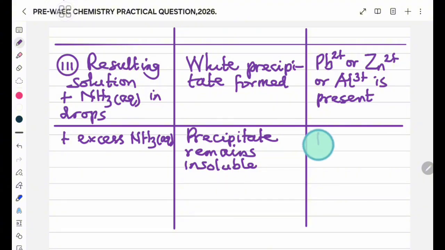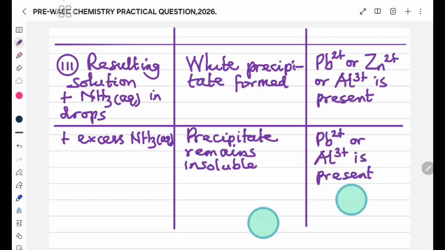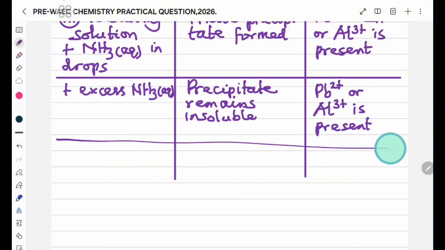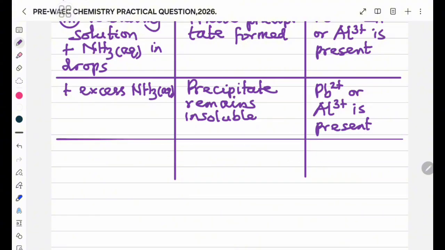And which ions give this result? It's either Pb2+ or Al3+. Both of them, but one of them is the one we are actually trying to detect. So Pb2+ or Al3+ is present. Rule a line to indicate that the test is done. Roman figure 4.